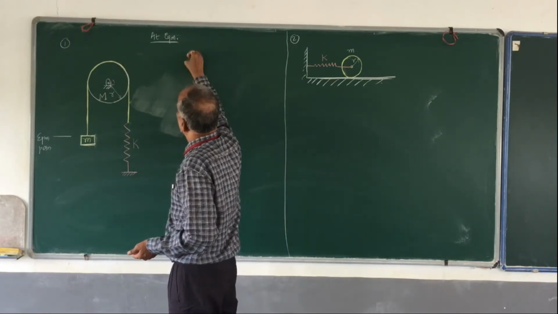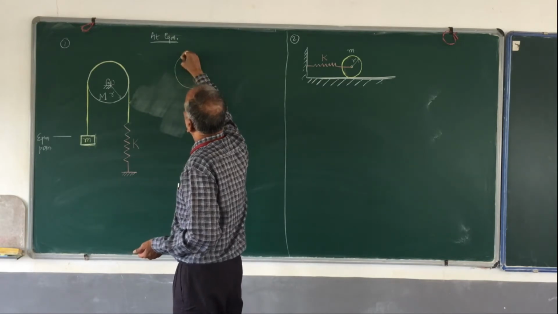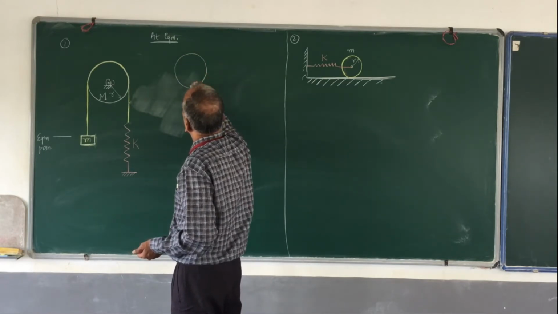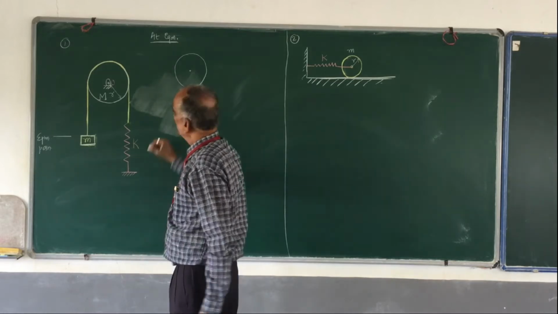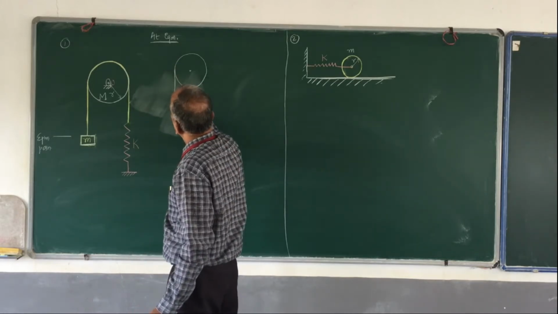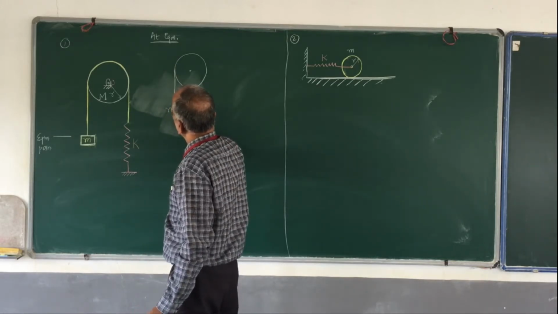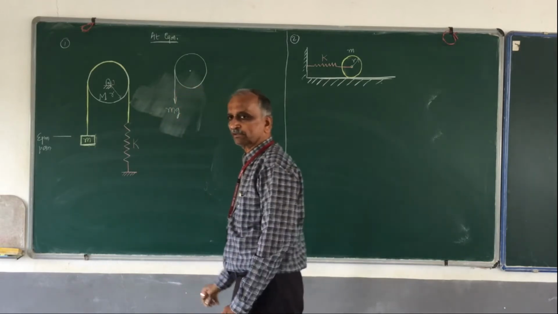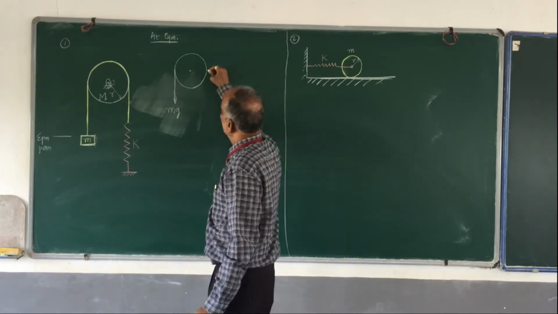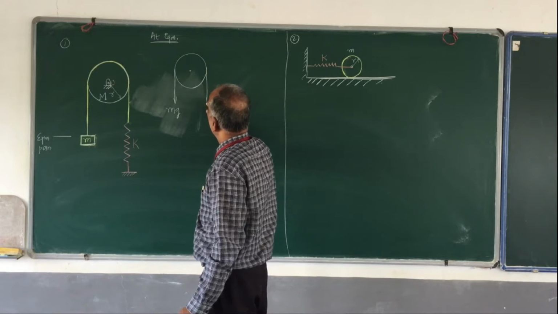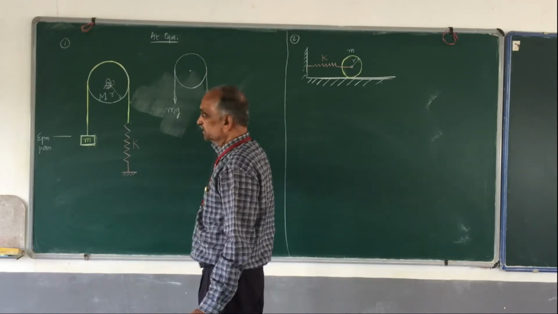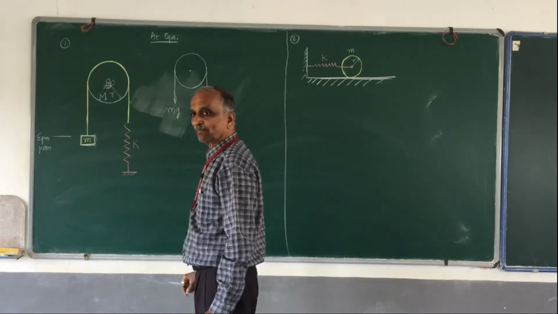So at equilibrium, if I draw the free body diagram of this pulley, what is happening here? There is a weight mg which is acting vertically downwards, and in the string here, the tension, there must be some force here also.